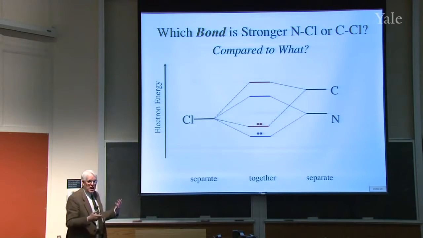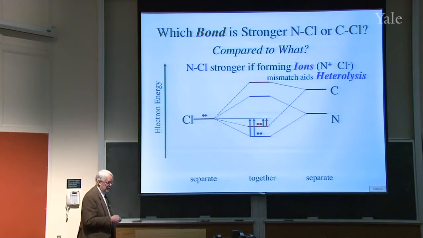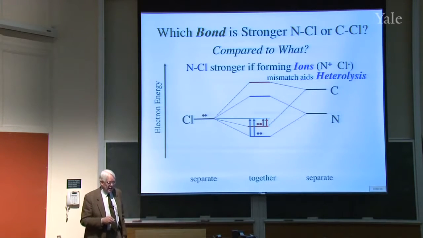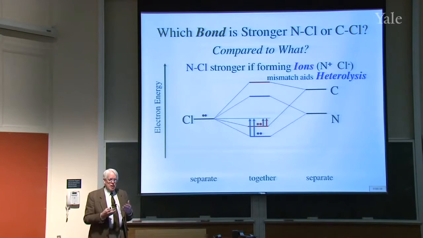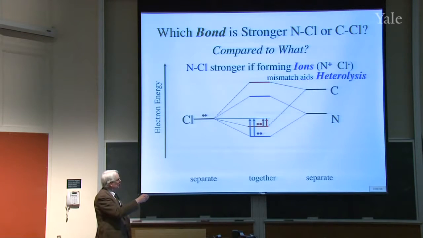And then if we're going to break the bond and go to ions, like N plus or C plus and Cl minus, these electron pairs would have to go on to the chlorine. And they have to go farther when they're on the nitrogen. So that mismatch in energies aids breaking them heterolytically for the carbon case. Where the carbon is mismatched, you don't have to go up as much, so it's easier to ionize.